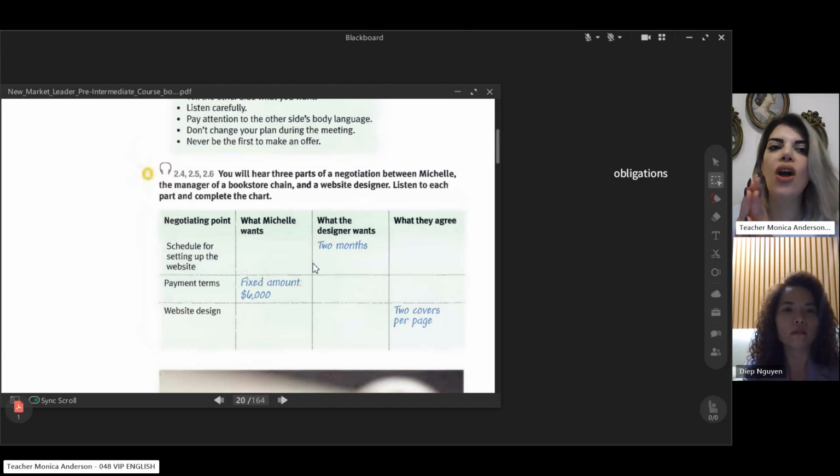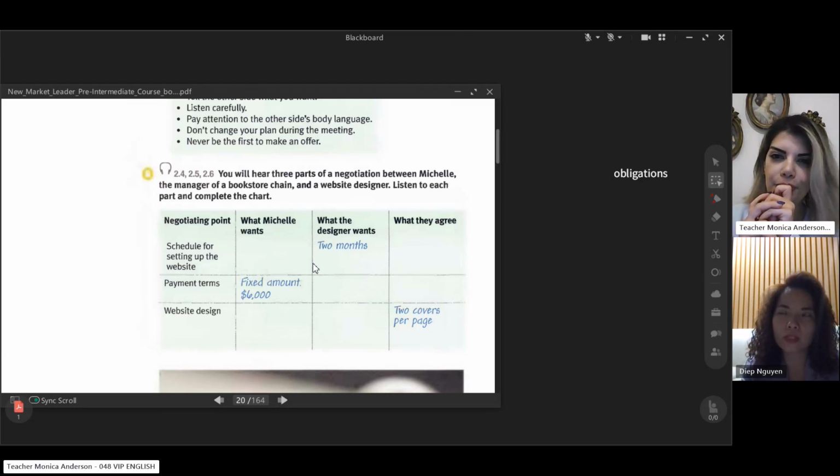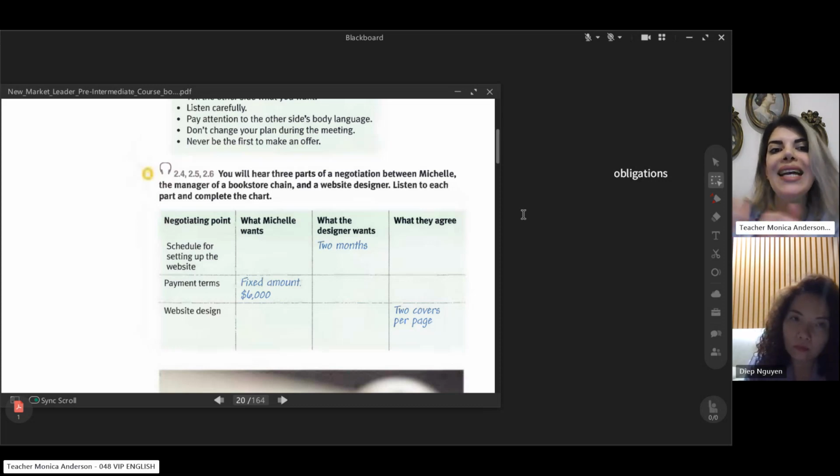So they agreed on 1 month, but fewer pages. Fewer pages, but 1 month. Yes. And Michelle actually offered 1 month, by the end, it means until the end of July.